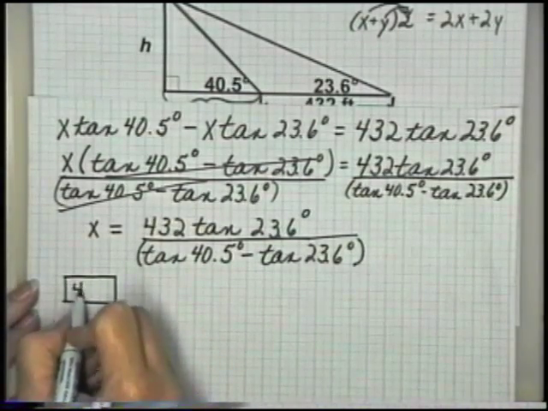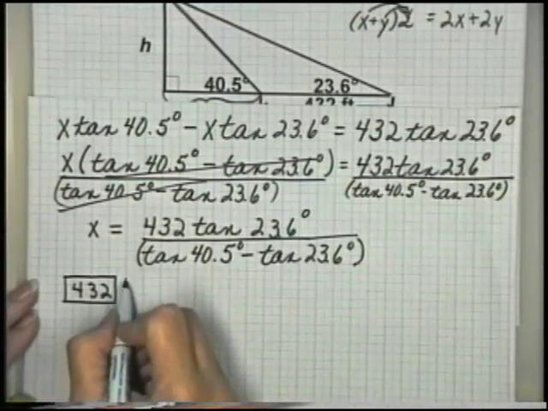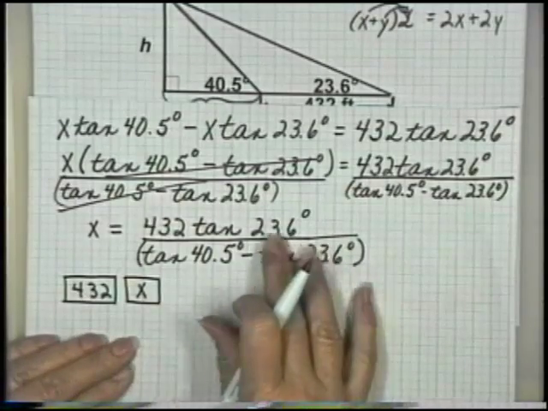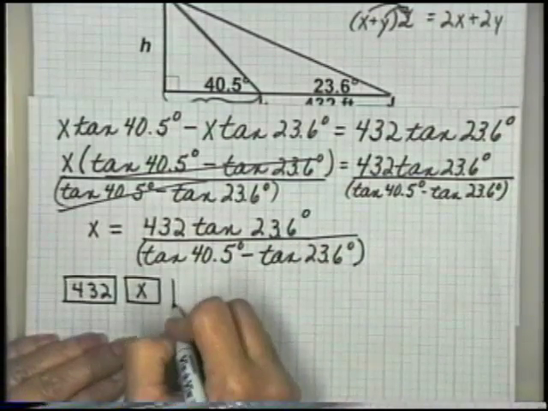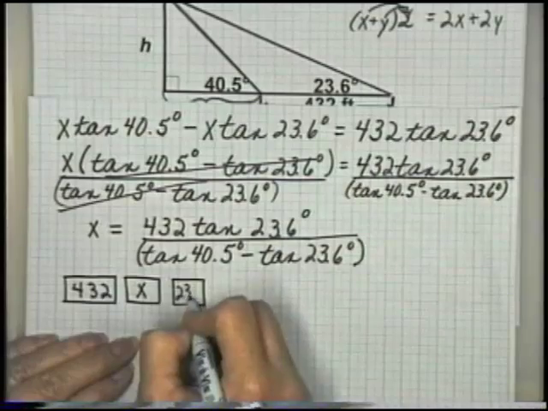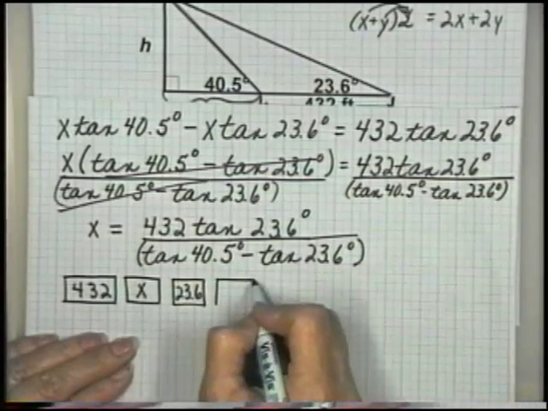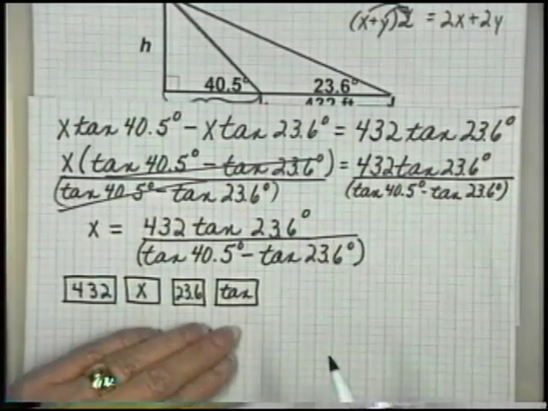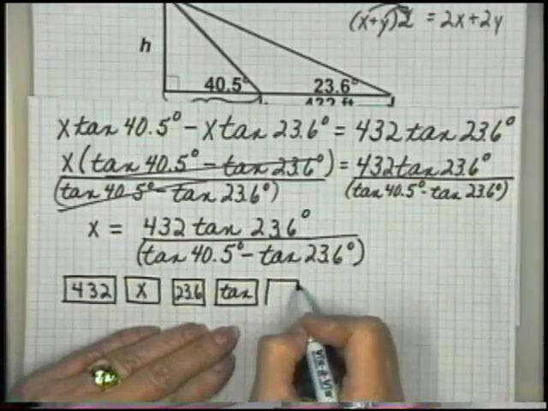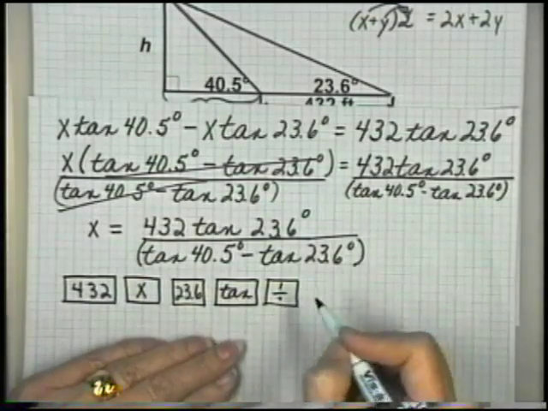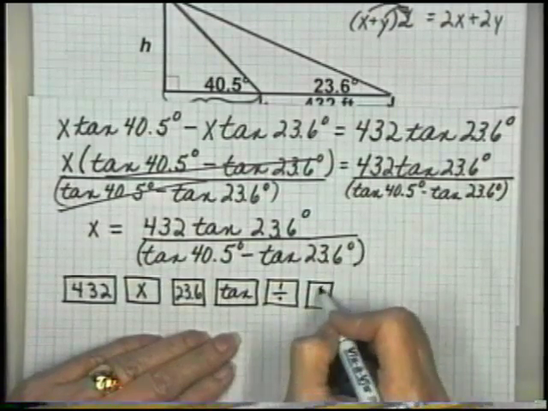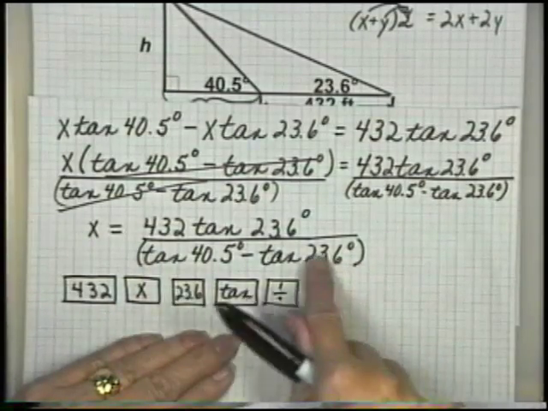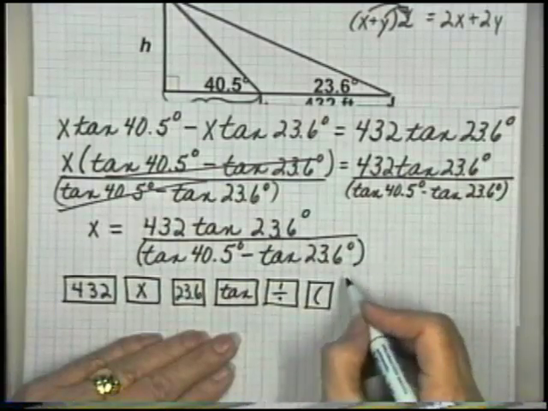Let's see, we'll go 432 times, and then to find the tangent of 23.6 degrees, I'll have to put the 23.6 in, times the tangent, and then I'll have to do the divided by, and then I'll need parentheses, and then I'll have to input this.